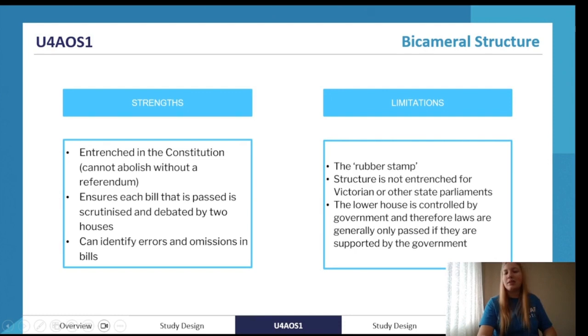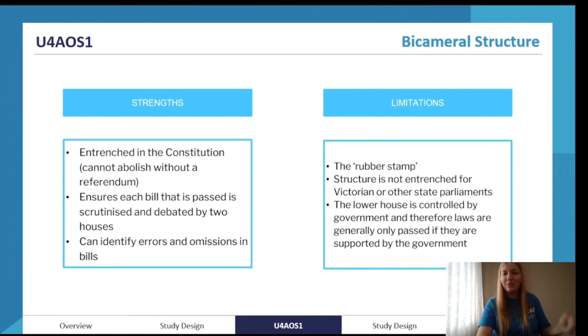Of course, there are some limitations also. So the three structures that you need to know about for the bicameral structure are the hostile Senate, the rubber stamp, and the hung parliament. The rubber stamp acts as a huge limitation. Essentially, this is not common at all, but sometimes the composition in the Senate will be similar to the House of Representatives, making it a rubber stamp Senate.